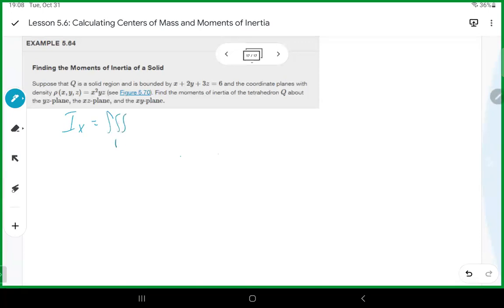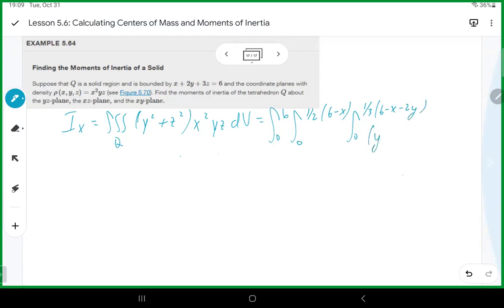It's going to be over Q, 0 to 6, 0 to 1/2 (6 minus x), and then 0 to 1/3 (6 minus x minus 2y).